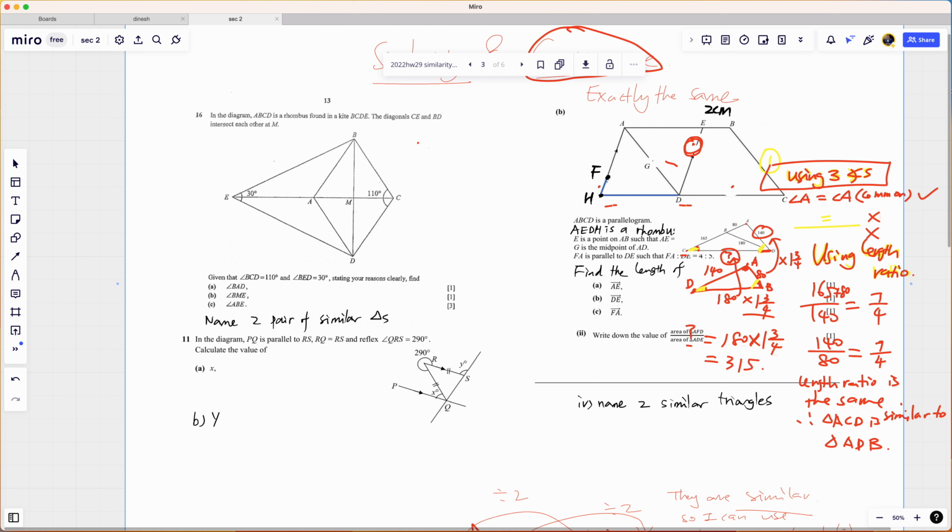ABE. Where's ABE? So which angle do they want? Correct. So what is this?